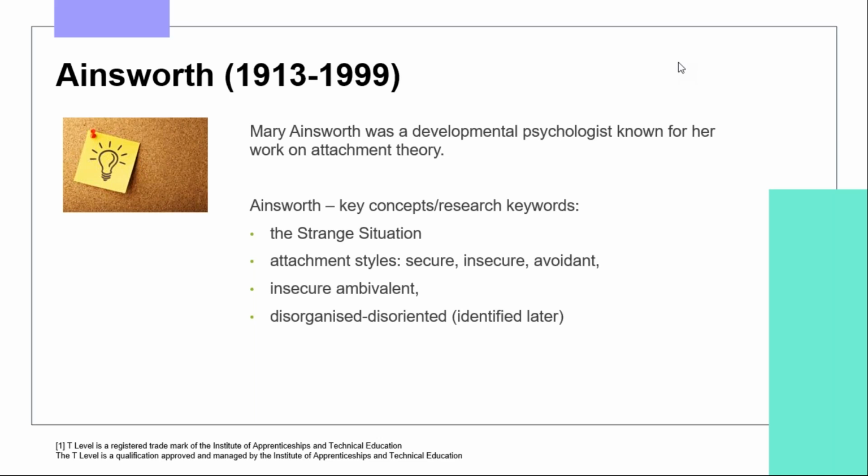That's something that you could look at and share, because you'll know about the strange situation anyway, and how that works, and the different situations, if you like, that the children were put in, with their primary caregivers staying and leaving the room and so on. All of those things can be seen in the video, and it's a useful way of thinking about the importance of attachment and identifying the strength of an attachment.